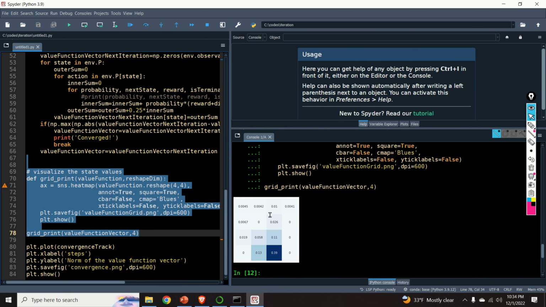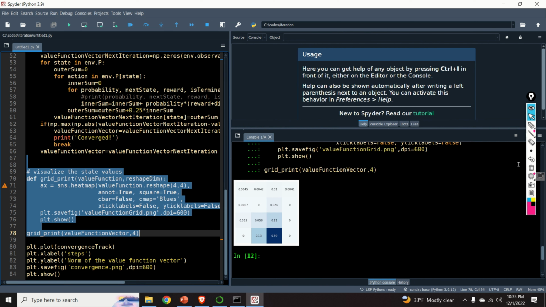Here it is. Here are my value functions. This is the value function for the state 0. This is the value function for the state 1, 2, 3, 4, 5, 6, 7. So this is V pi of S7. And here you can observe that the value functions for the terminal states are zeros. That's a good check that can verify the accuracy of your implementation.